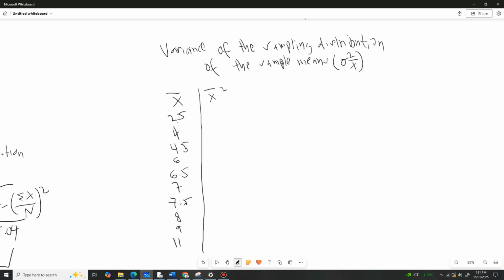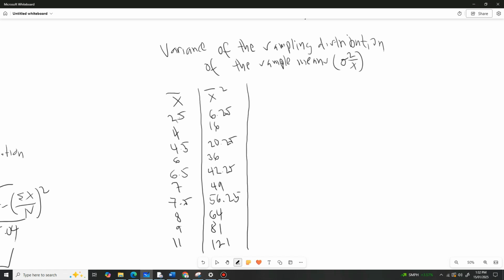So we will square each of these. 2.5 raised to 2 is 6.25. 4 raised to 2 is 16. 4.5 raised to 2 is 20.25. 6 is 36. 6.5 is 42.25. 7 is 49. 7.5 is 56.25. 8 raised to 2 is 64. 9 raised to 2 is 81, and 11 raised to 2 is 121.